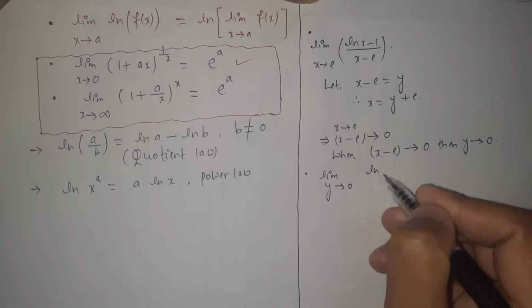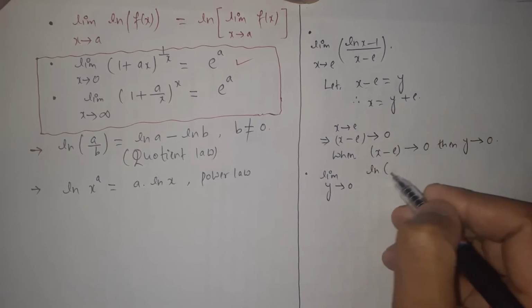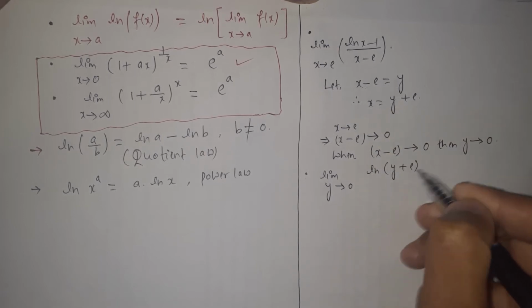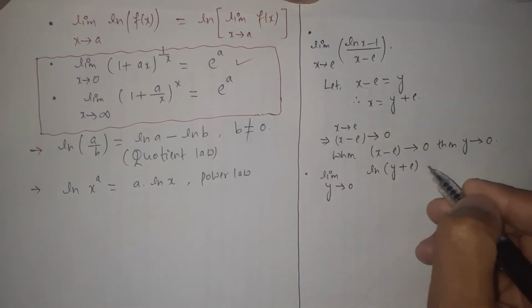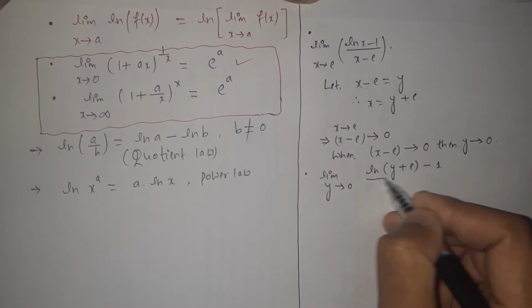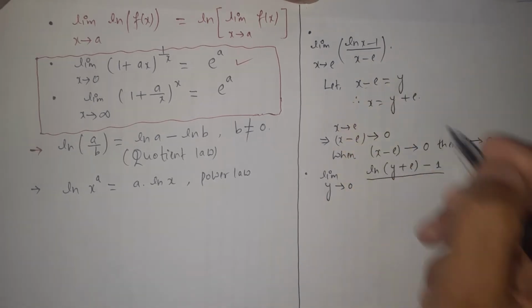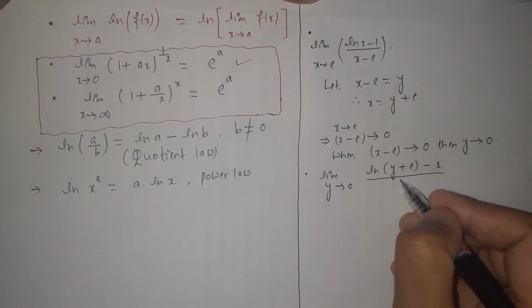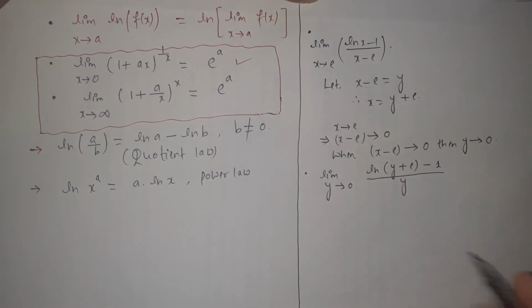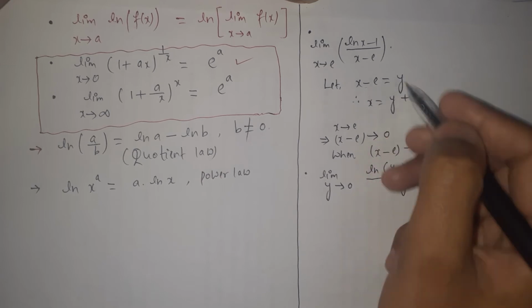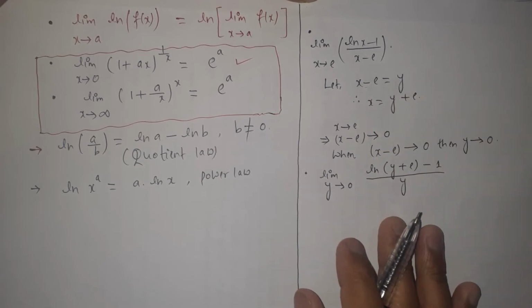In the numerator, ln of x, where the value of x is calculated as y plus e, minus 1, over x minus e, and here x minus e is supposed to be the variable y. We just suppose this and do some simplifications.